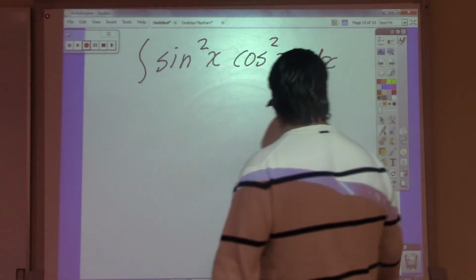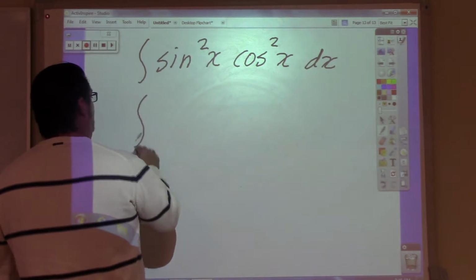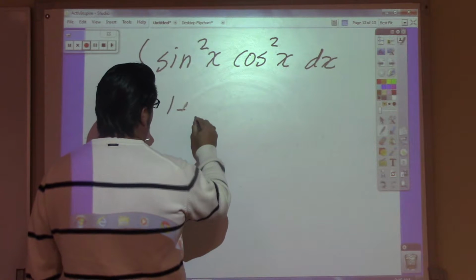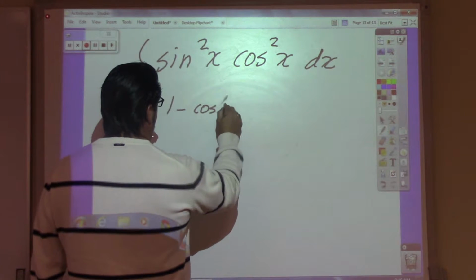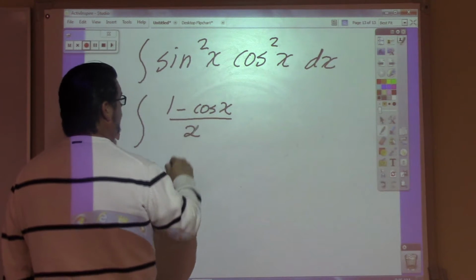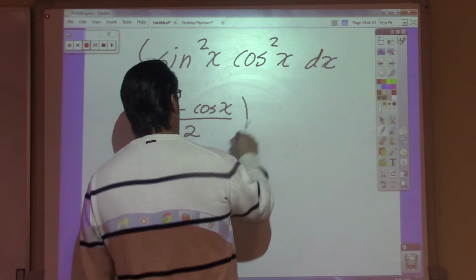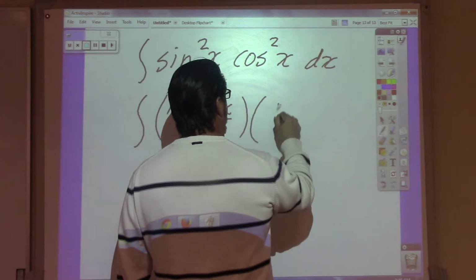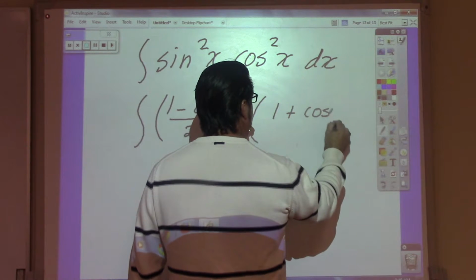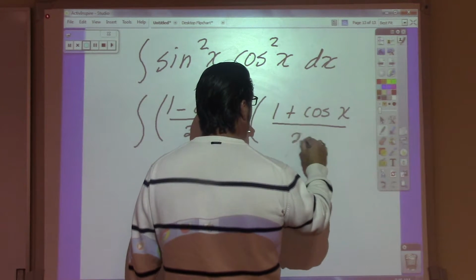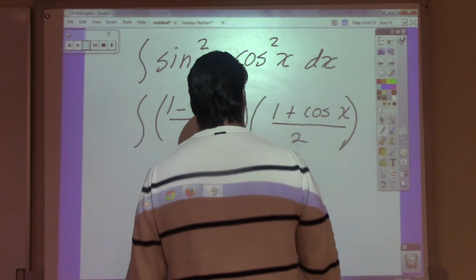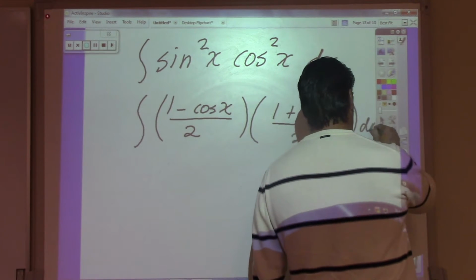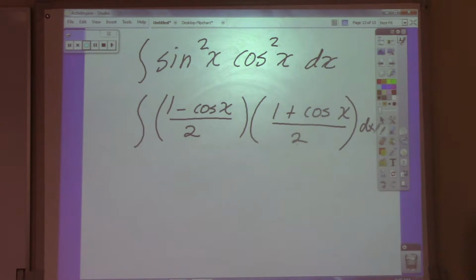So you've got the antiderivative of 1 minus cosine x over 2 times 1 plus cosine x over 2 dx. Now it's just a little bit of algebra.